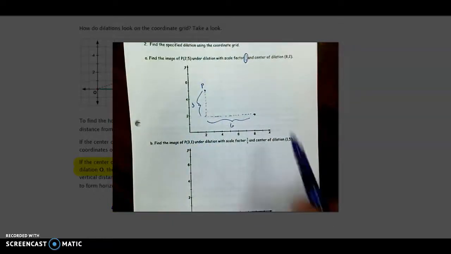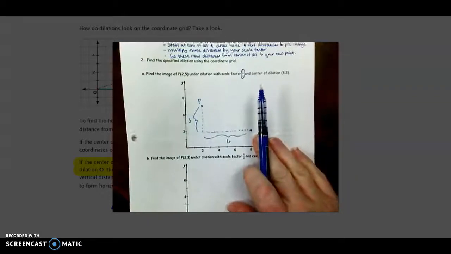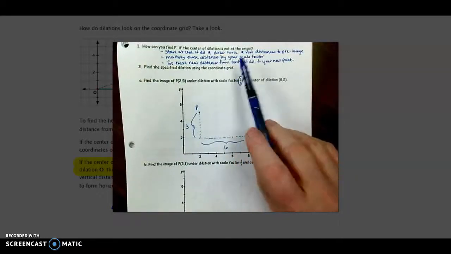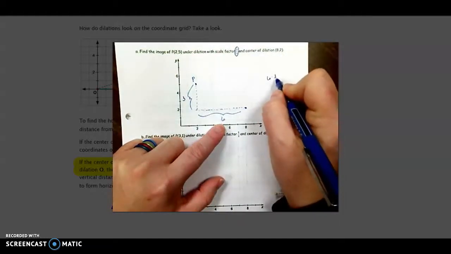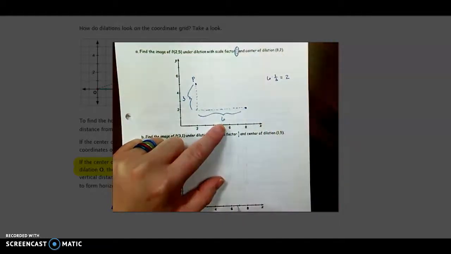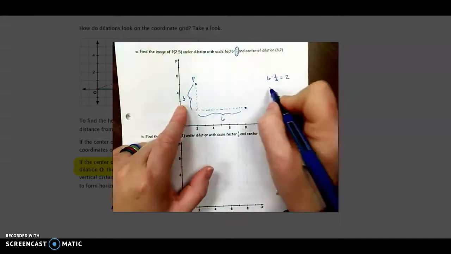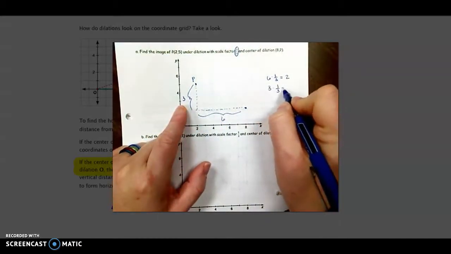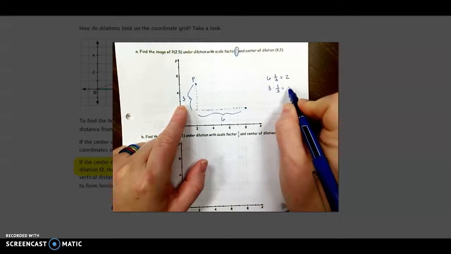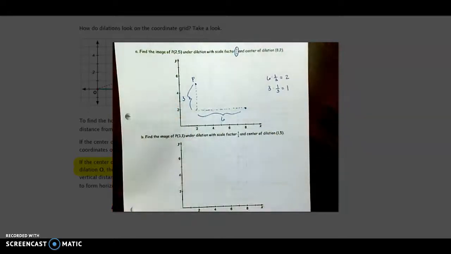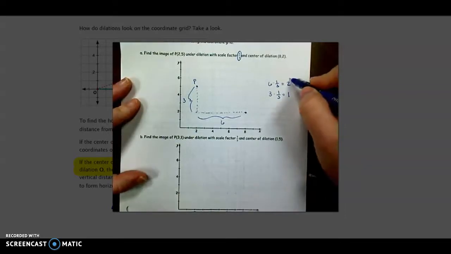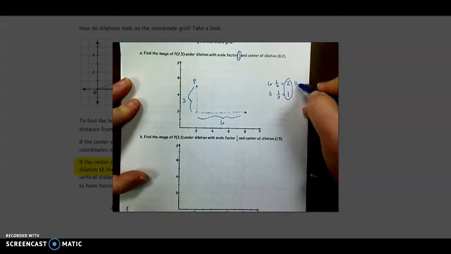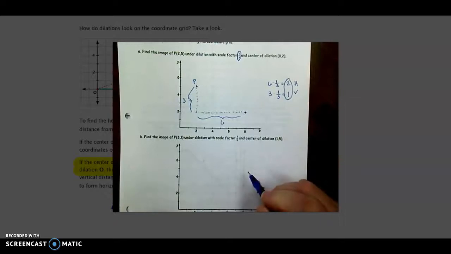So remember, I'm going to multiply those distances by my scale factor. So when I multiply 6 times 1/3, I get 6/3, which is 2. And when I multiply 3 times 1/3, I get 3/3, which is 1. So now we're going to go these new horizontal and vertical distances from the center of dilation.